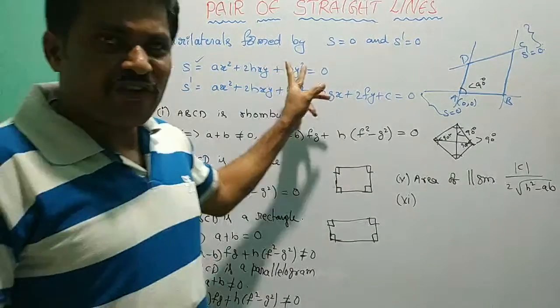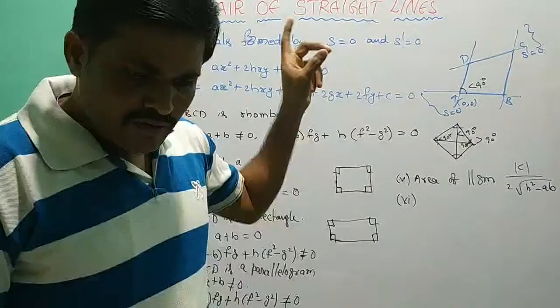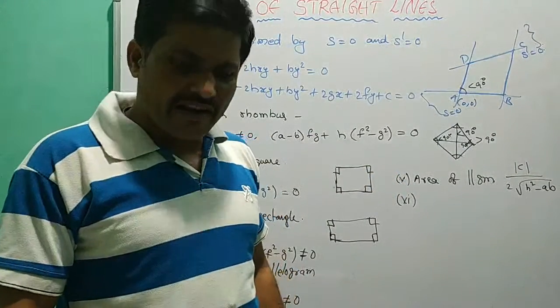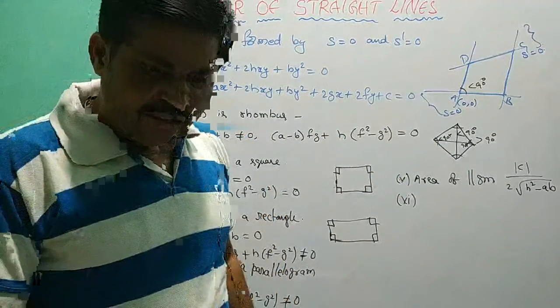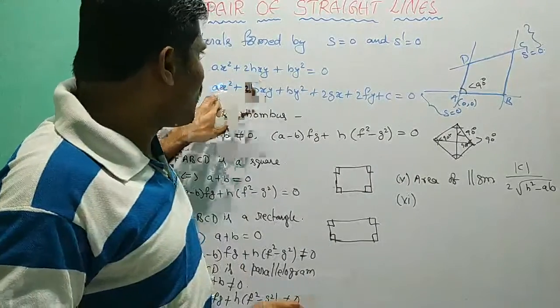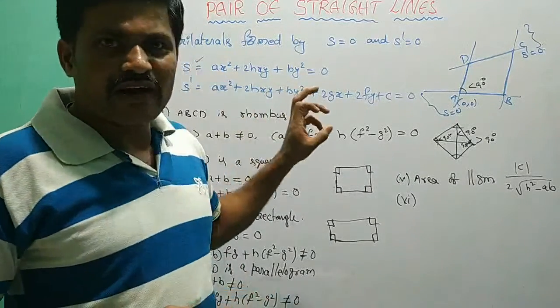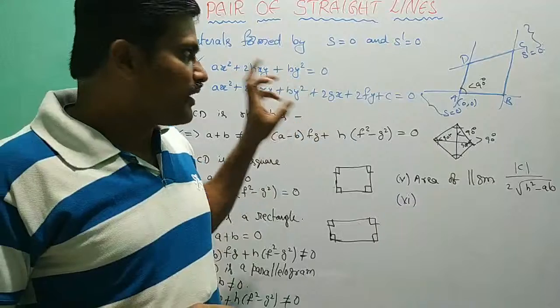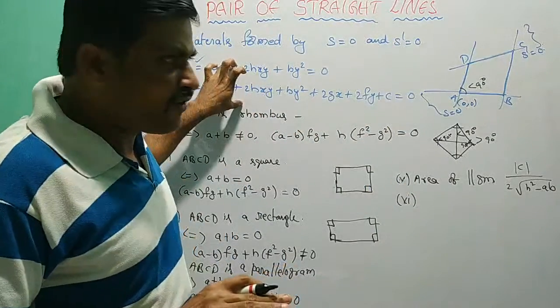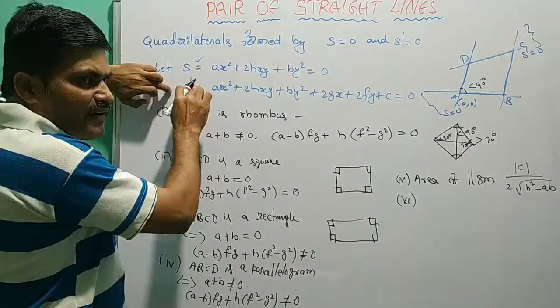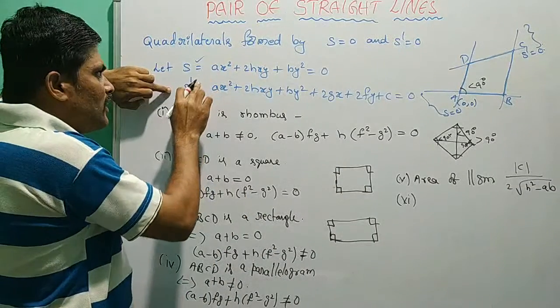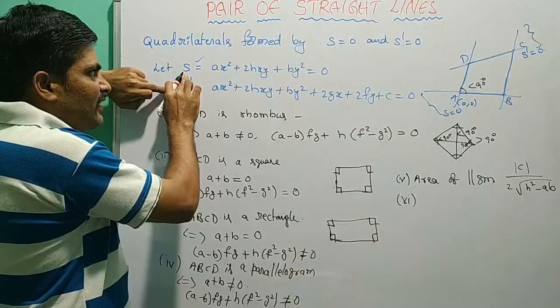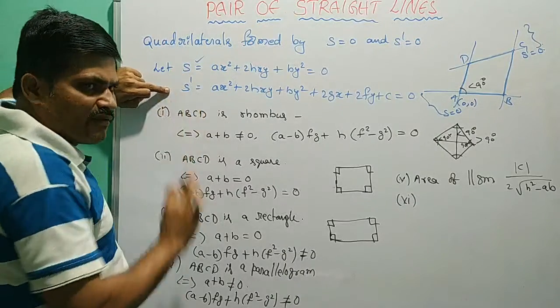Given two pairs of lines, find the diagonal equation. Here we have to observe the equation of the diagonal. Now, given two pairs of lines, to find the diagonal equation, we take s equals 0 and s dash equals 0.